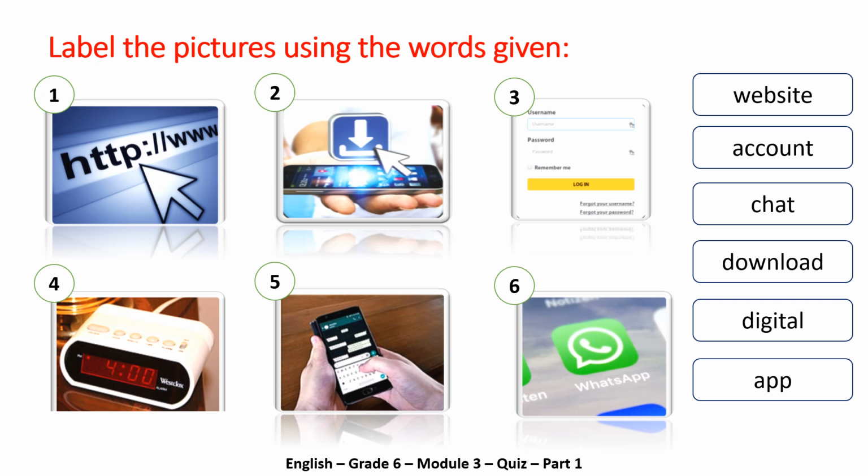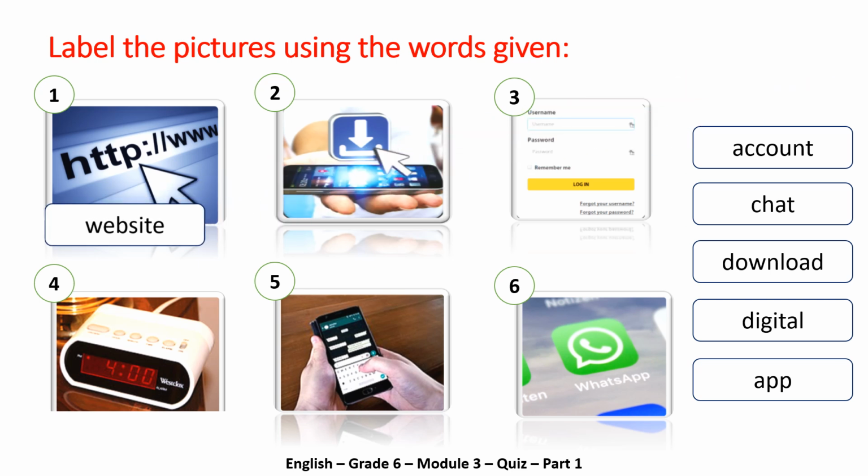Let's do number 1 together. The first picture represents, thank you, a website. And now it's time for you to pause the video till you finish matching each of the 5 words to the 5 pictures.